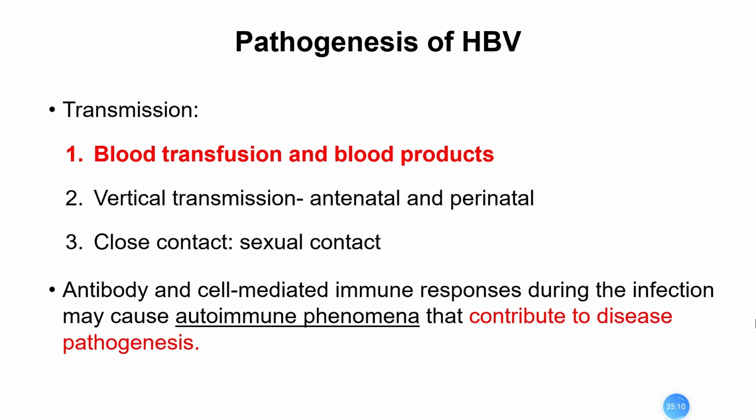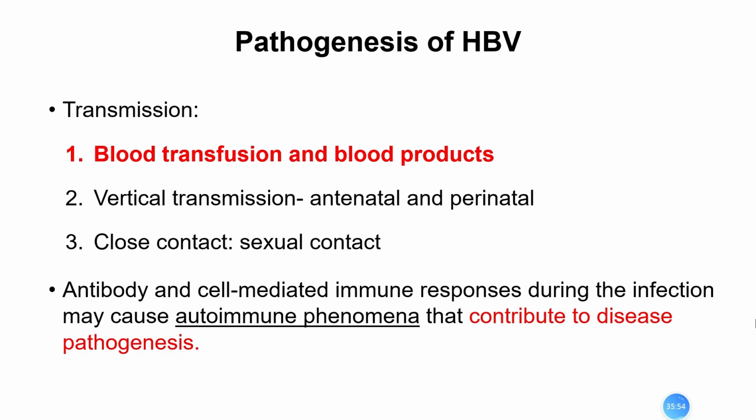But before humans knew the existence of HBV, there was a famous, interesting story that happened in the 1940s. You know, in the 1940s there was World War II. The U.S. armies were fighting in jungles, and in jungles there is a special disease called yellow fever. It's also a virus disease, and in America they wanted to make a vaccine against yellow fever. At that time, the technique to make the vaccine utilized human serum in the vaccine.